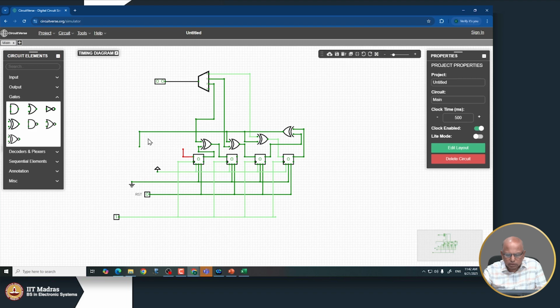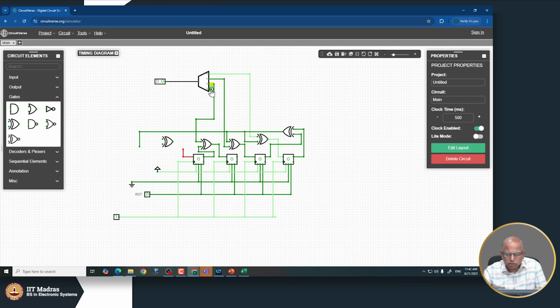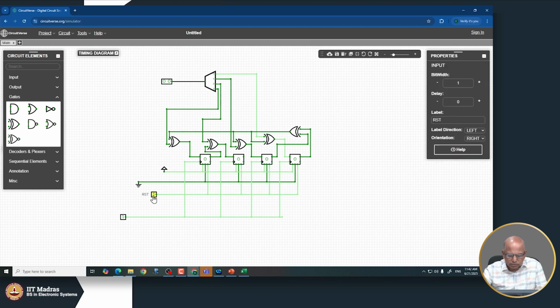Okay. And last but not the least, another XOR gate. And this guy over here will be reset.